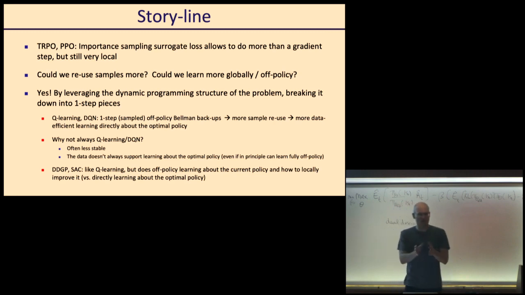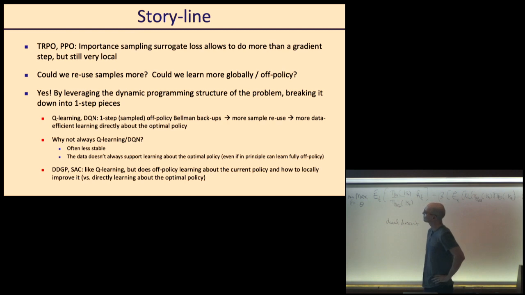But individual transitions could in principle happen under any policy as long as it's not a deterministic policy. Any stochastic policy could in principle have any transition happen. So these individual transitions you should be able to reuse, re-puzzle together to evaluate a new policy in a more fundamentally off-policy way than we've done so far. So Q-learning, and DQN is a deep neural network version that was the first successful one.